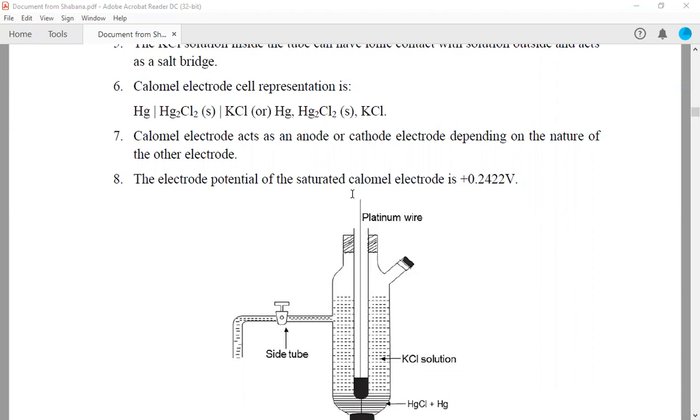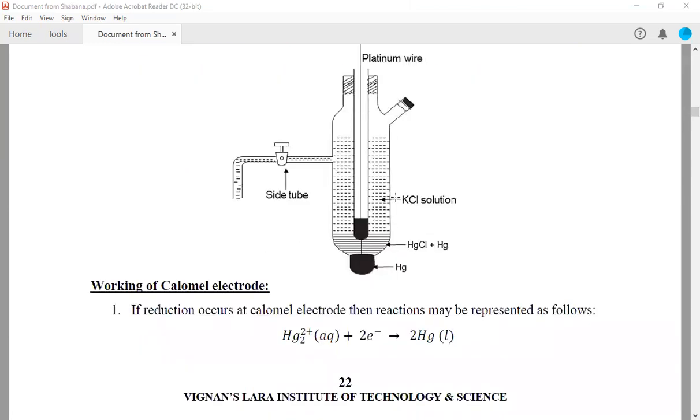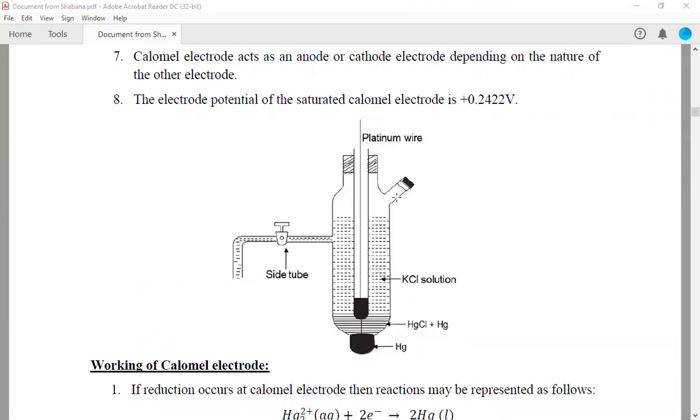The electrode potential of the saturated Calomel electrode is about 0.2422 volts. For one normal KCl, the standard reduction potential is 0.28 volts, whereas for 0.1 normal KCl solution, the reduction potential is 0.3338 volts.